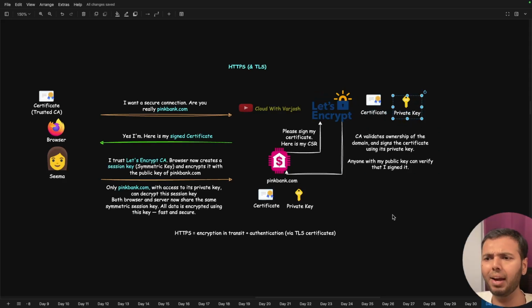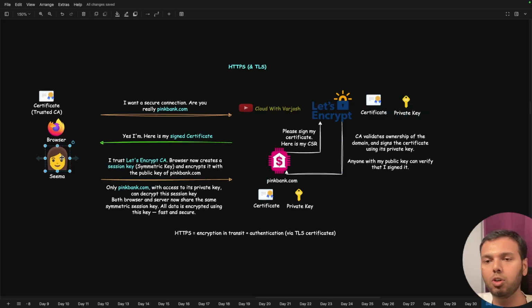So when pinkbank.com decides that now they want HTTPS, they go to the Let's Encrypt CA with a CSR. CSR is a certificate signing request, and this CSR will hold the information about pinkbank.com. And once Let's Encrypt receives this, Let's Encrypt will verify that pinkbank.com is indeed owned by Pinkbank. And once it verifies, it will sign that certificate with its private key.